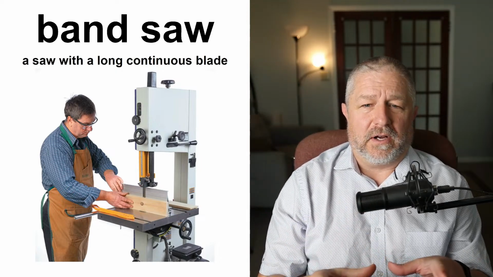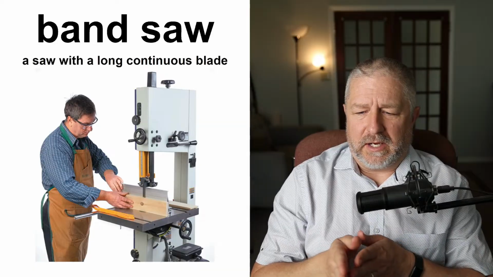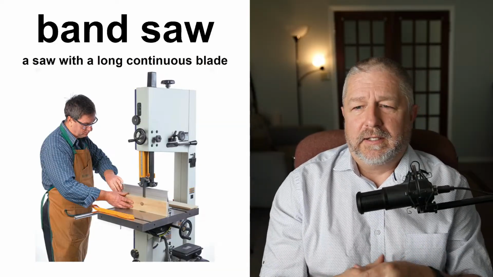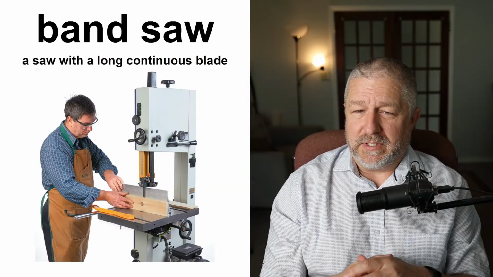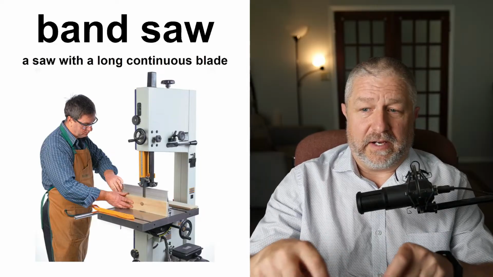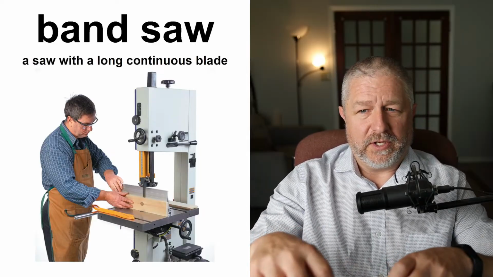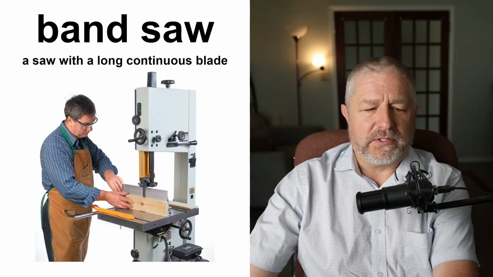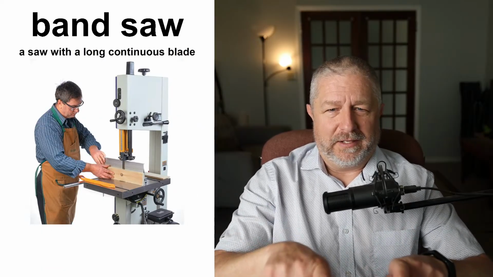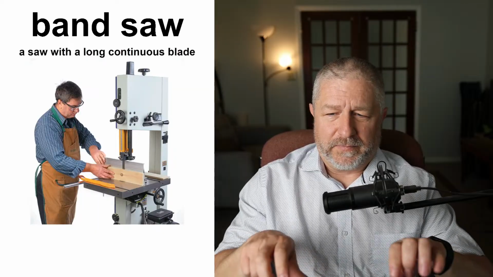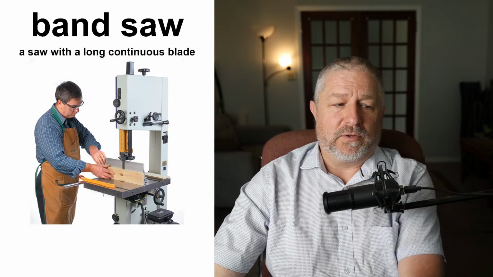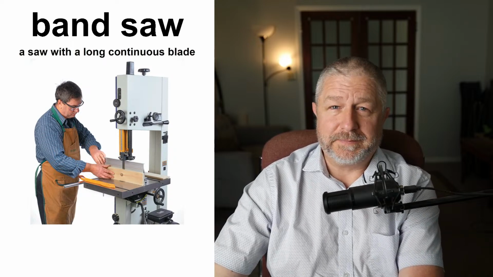This is a nice saw because you can cut things straight, but you can also kind of move things as you cut. The reason I said this is the most dangerous saw is because it's a saw where you get your fingers quite close to the blade when you're working on it. Most other saws are designed so that you are far from the blade when you use it, but with the bandsaw, sometimes you're doing some precision cutting and you might be a little closer than you would like to be.